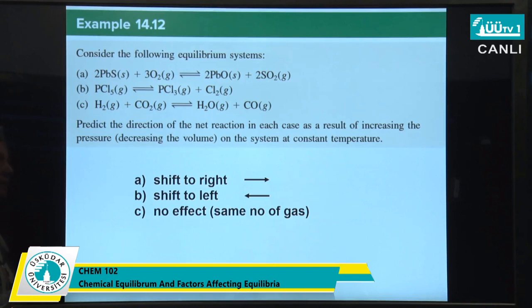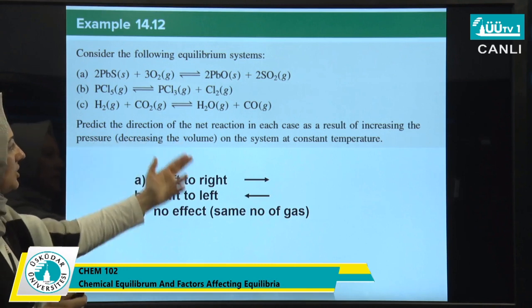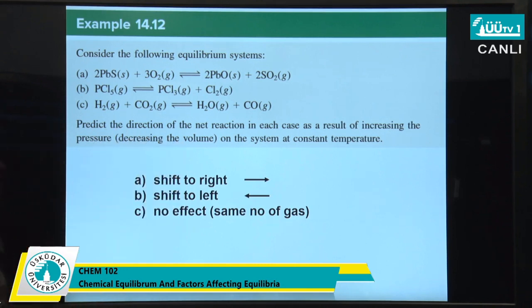Okay, now we can check this example. It says you have different equilibrium systems. Can you predict the direction of the net reaction in each case as a result of increasing pressure? So we said that pressure has an effect only for gases. If you have solids or liquids in the medium, you are not going to consider them.